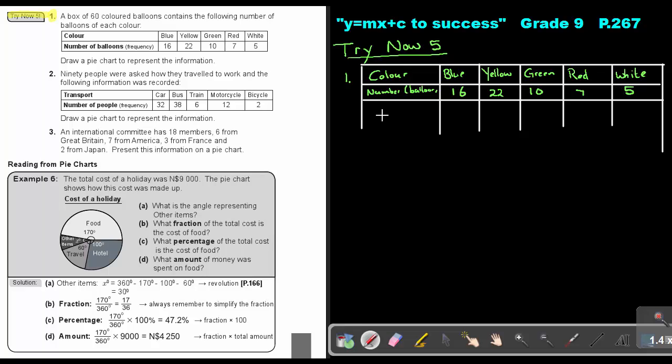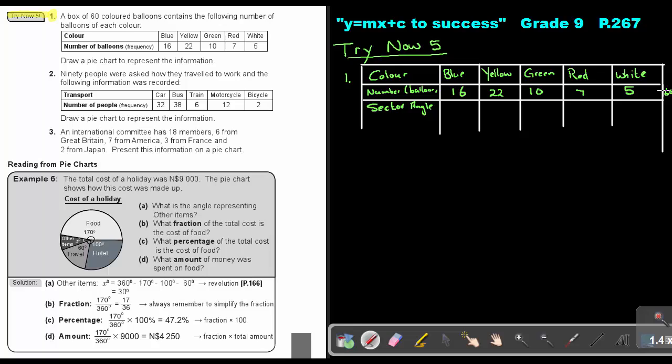Now I'm going to work out the sector angle. First I must get my total, so add up all the different colors: 16 plus 22 plus 10 plus 7 plus 5, and my total is going to be 60.